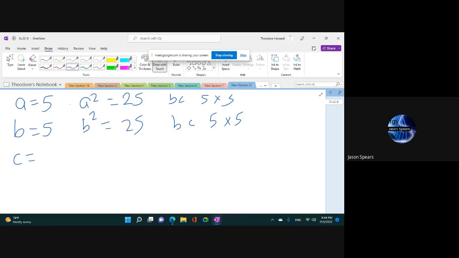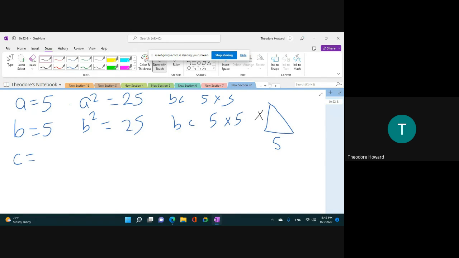They're both 5 times 5, both 25. They're both perfect squares, but what can you say about the legs? If I draw a triangle and say A is 5 and B is 5, what can I say about both those legs? They're equal. They have the same length.